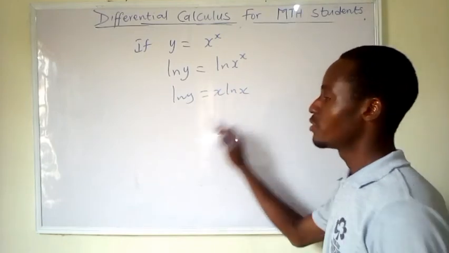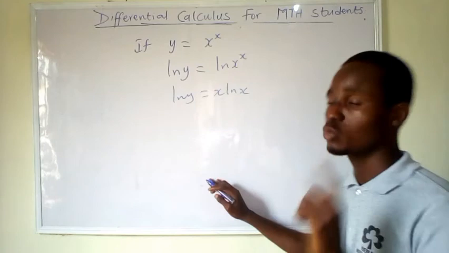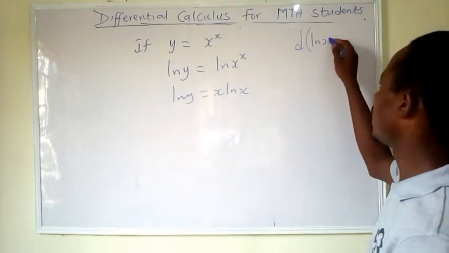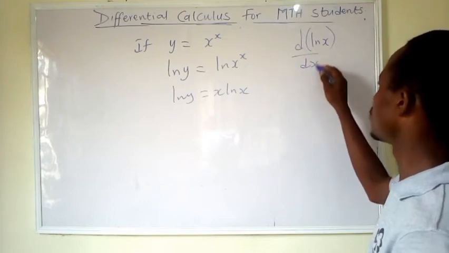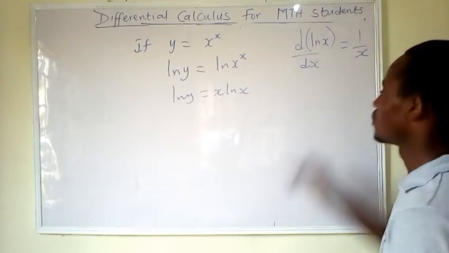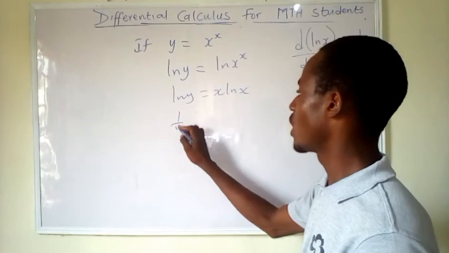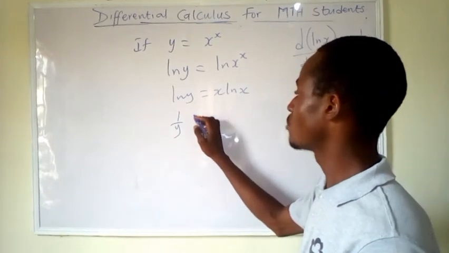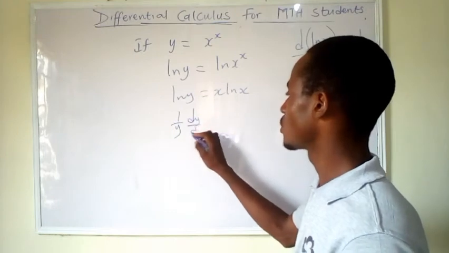So finding the derivative of both sides, and this is one of the rules you need to know: the derivative of the ln of any variable with respect to x is equal to 1 all over that variable. I'm going to have 1 all over y here, but don't forget it's implicit, so I have to make it dy/dx.